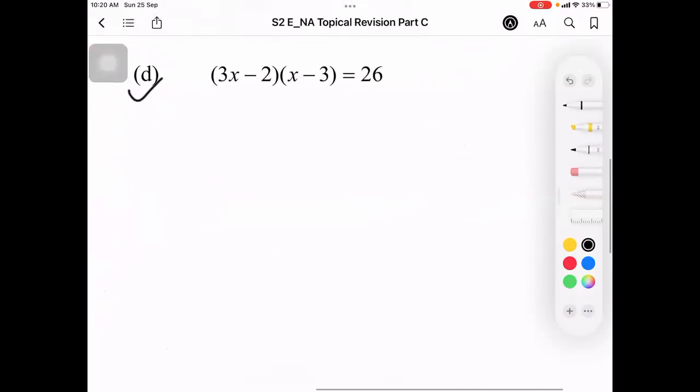Right, so this one, number 1, is not equal to 0. And that means what do we need to do? We need to expand this out, and then after that, make it equal to 0.